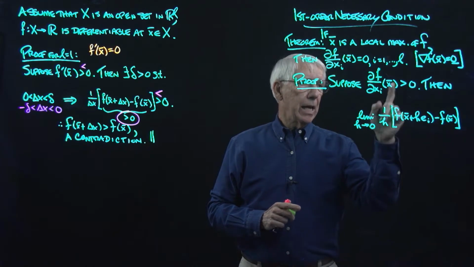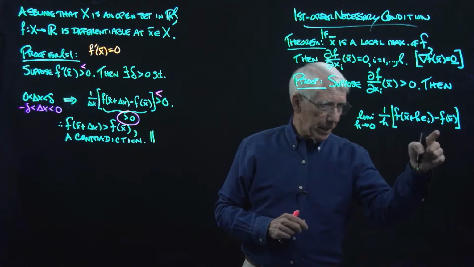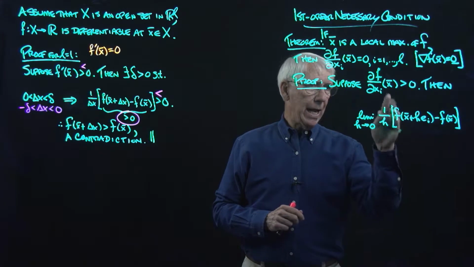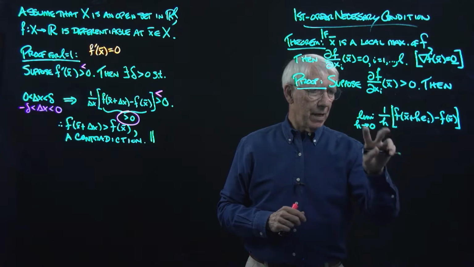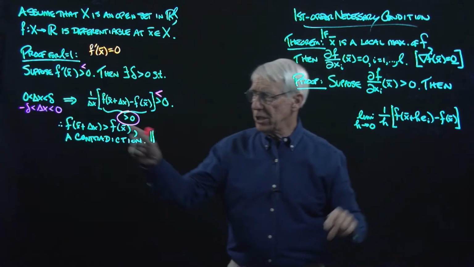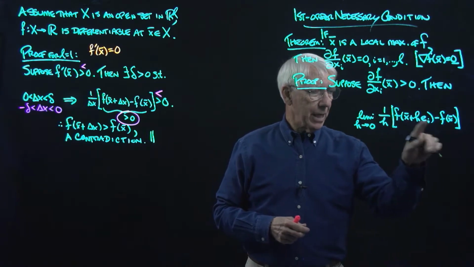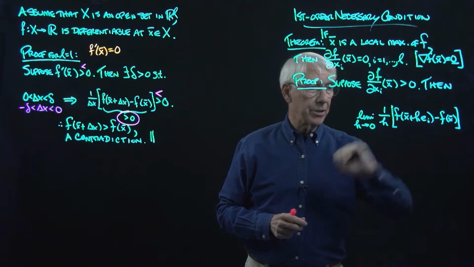This limit is the definition of the partial derivative at x bar. And if the partial derivative is positive, then this limit has to be positive, just like this limit over here had to be positive. And so that will give us a contradiction.